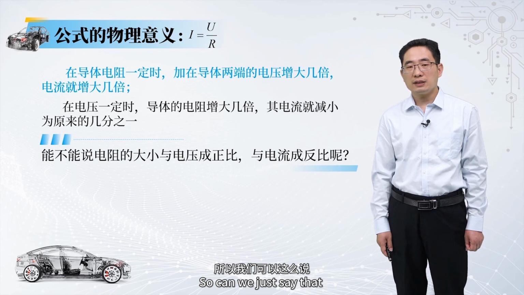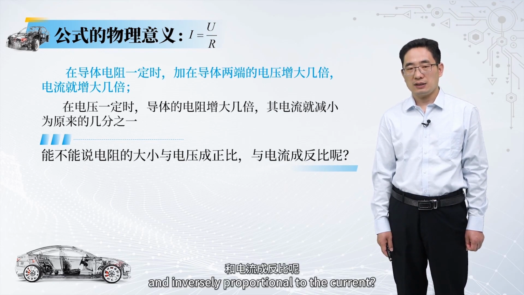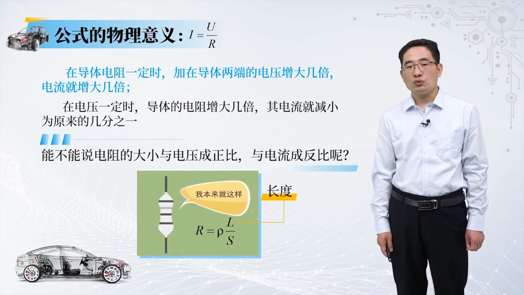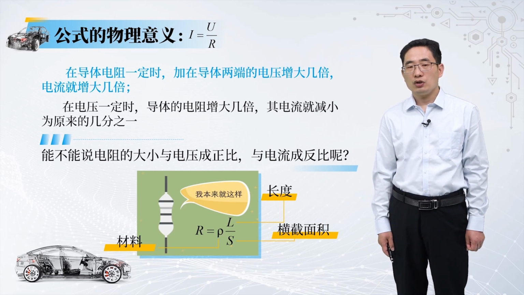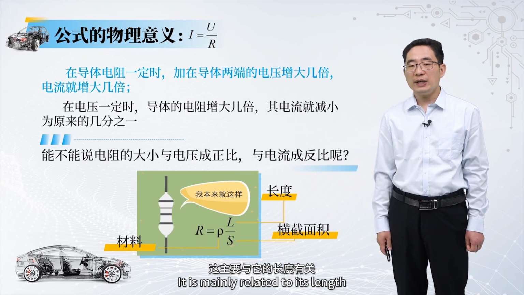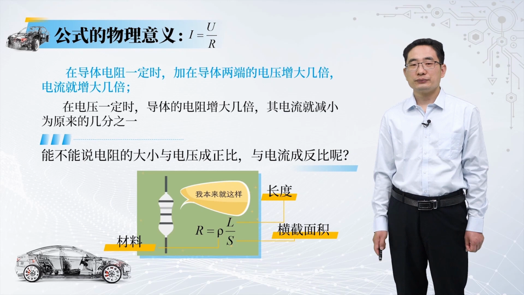So can we just say that the resistance is proportional to the voltage, and inversely proportional to the current? Of course not, because resistance is intrinsically determined. It is mainly related to its length, material, cross-sectional area, and temperature.